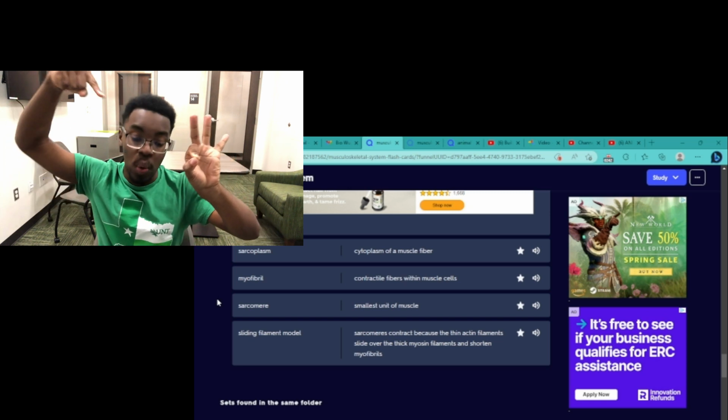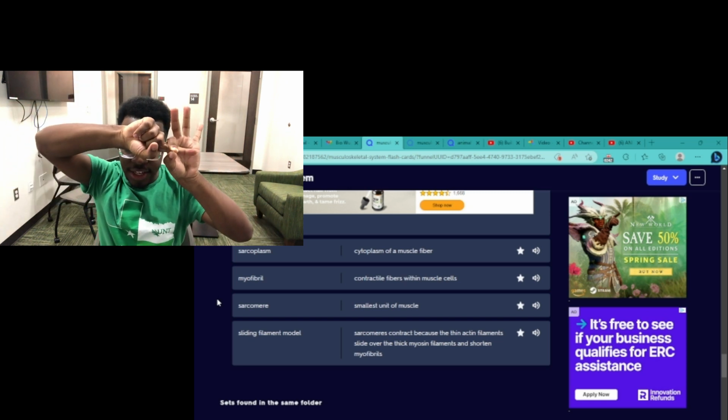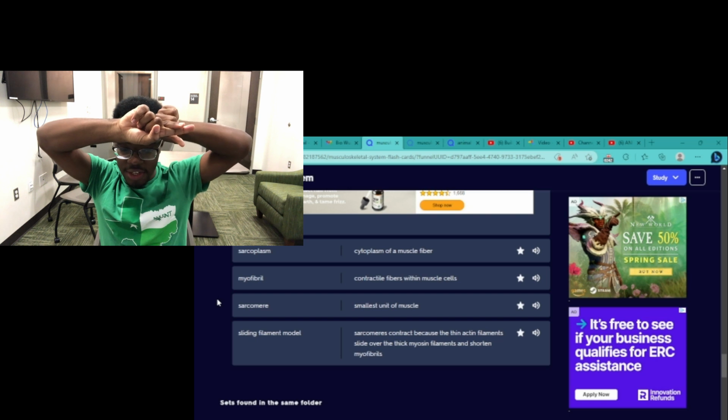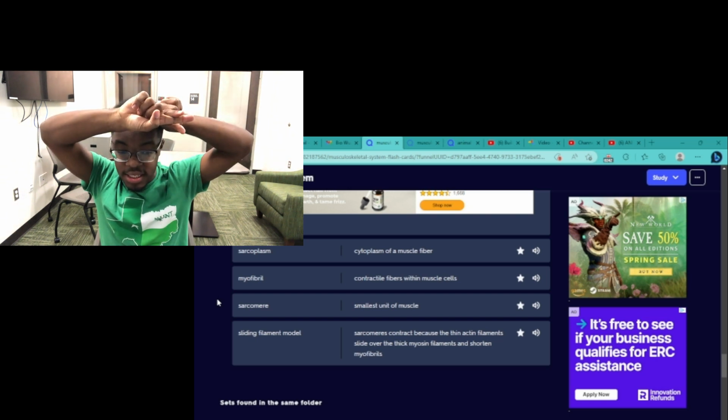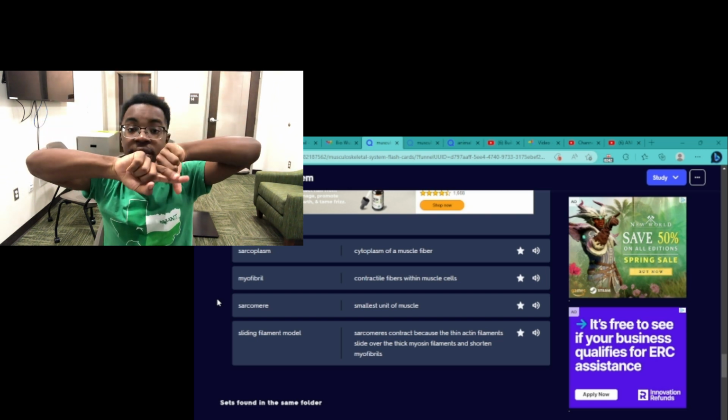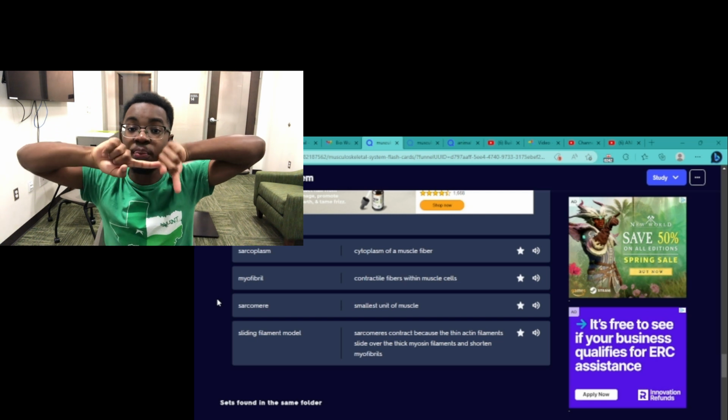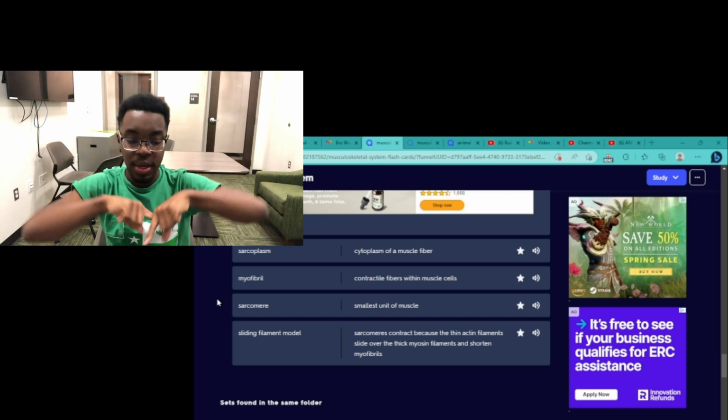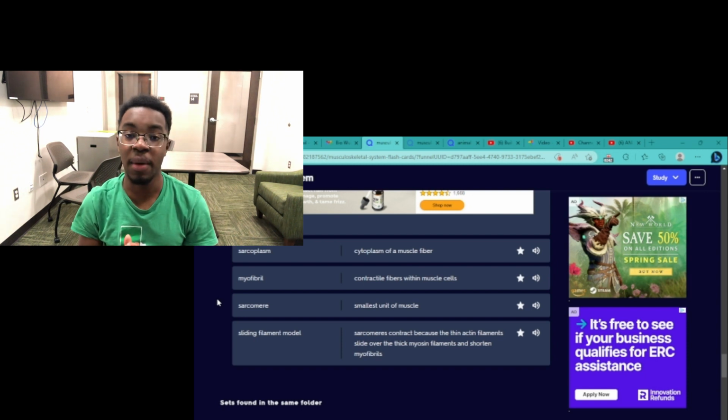That needle's going to go into the fabric and slide over to the thick myosin and shorten the myofibrils. Like this. Shoop, shoop, shoop. Google what a sliding filament model is.